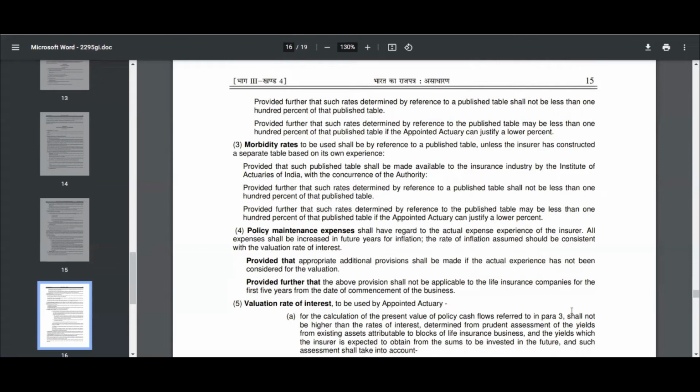In the first 5 years, there is no requirement of such additional provision. When you are new, everyone knows that you are incurring extra expenditure. So in those 5 years, your reserve may not be based on expense experience. That's why we see an expense overrun.